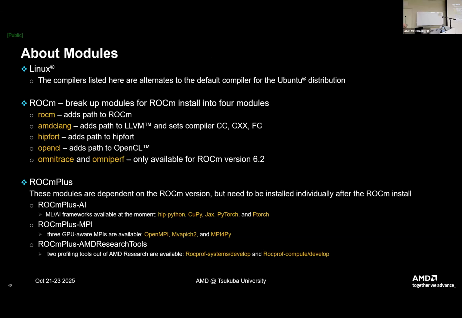And then we've broken up what we call ROCm Plus as anything built with that ROCm. Here we had broken them up into several categories. We're not doing as many categories right now, but you might still think of them as different groups of software, like the communication, all the MPI tools. Next slide.